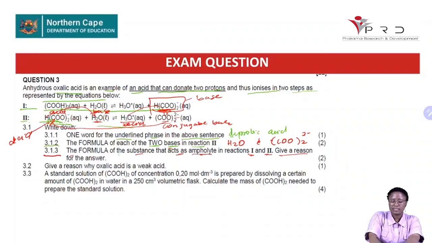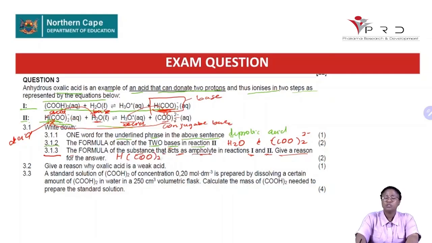So the correct answer there is HCOO minus. Take note of the minus that indicates that it has lost a hydrogen. So that is the correct answer. Why is that? Because it is a base in reaction 1, and it is acting as an acid in reaction 2.